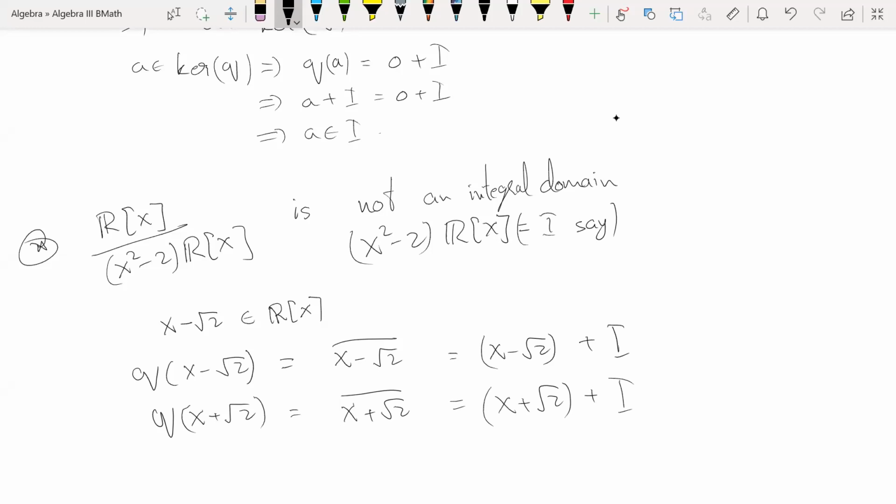Now you multiply these two elements. Then what do you get?